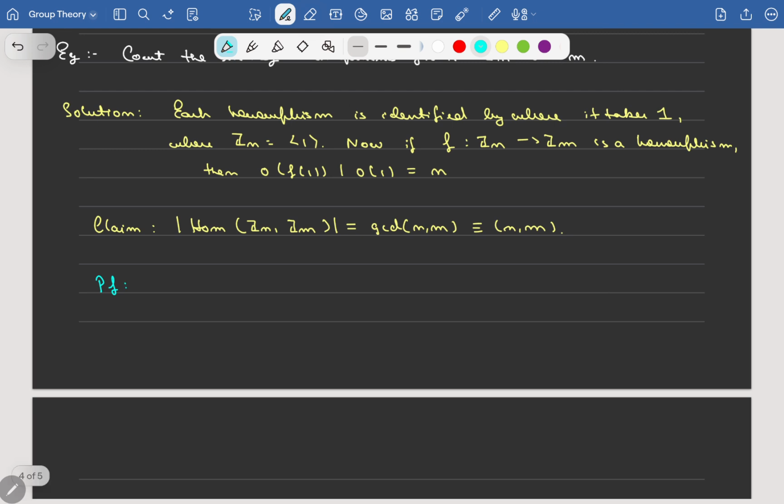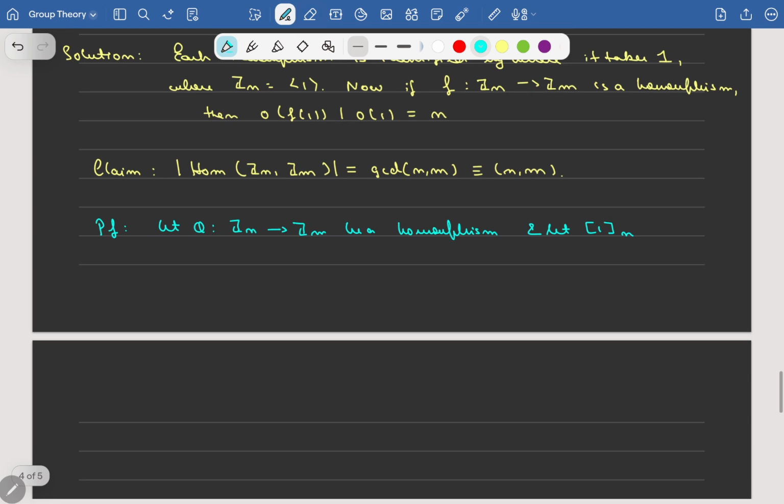Okay, so let us start with the homomorphism and see what actually happens. So let phi from Zn to Zm be a homomorphism, and let g, and I am denoting these with stronger notation so that you are not confused, be the generator of Zn.